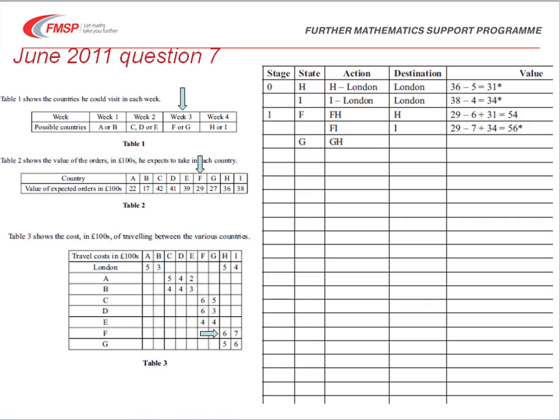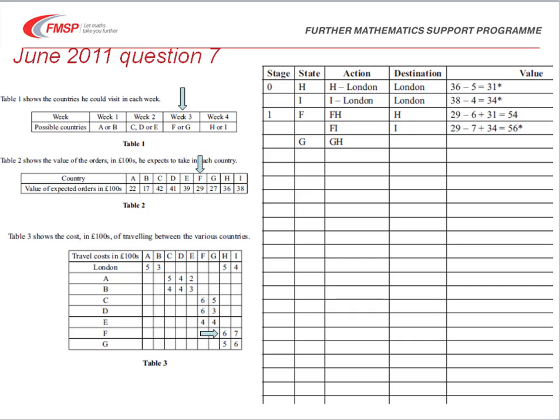But then if we're going to H, if we look at the first line, H has got a current value of 31. So we have there 29 minus 6 plus 31 giving you 54. Similarly for FI, the destination is I, the same 29, but now the travel costs from F to I are 7, and the current value at I was 34.